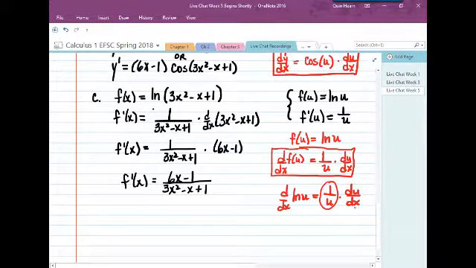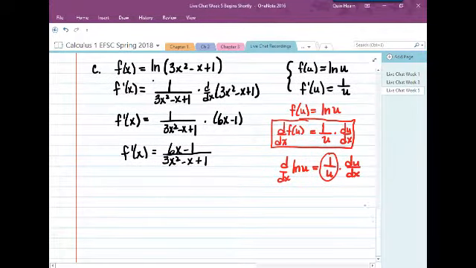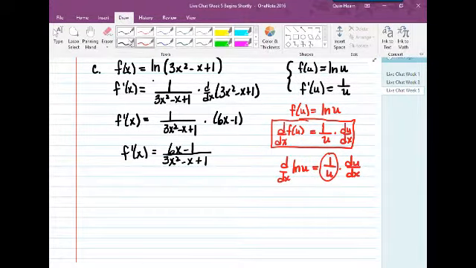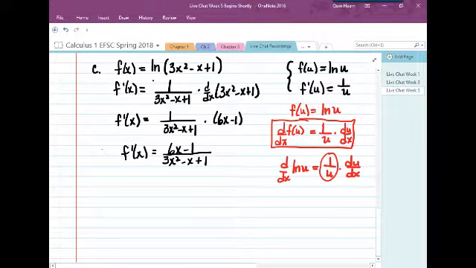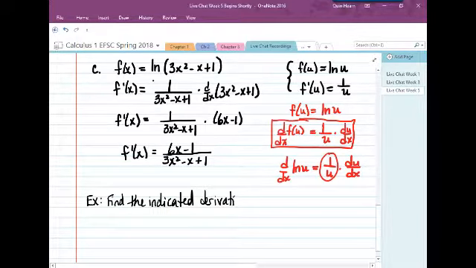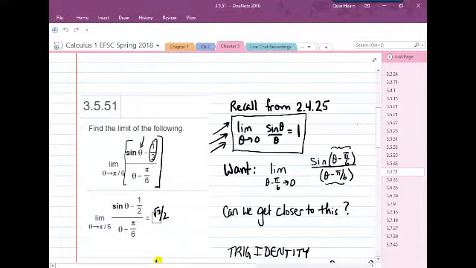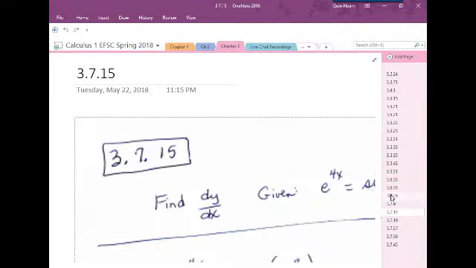Now let's look at some examples where we have to apply multiple rules. So for example, find the indicated derivative, and I want to pull an example from chapter 3 here.